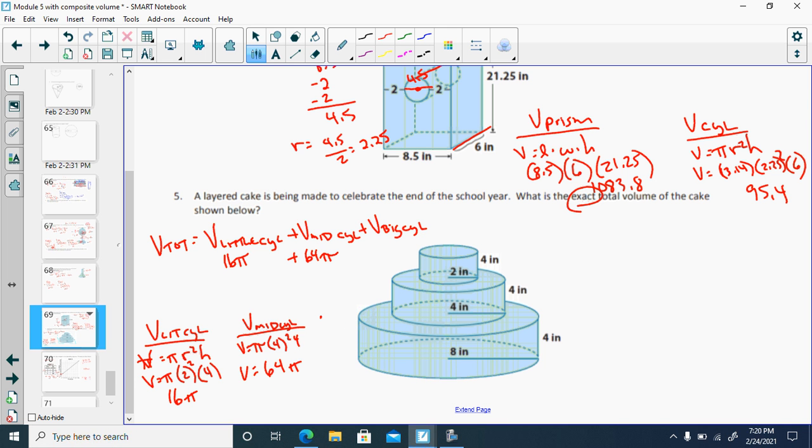Okay, and then the big cylinder, volume of the big cylinder. That would be pi r squared h. We don't mess with the pi. Our radius is 8 squared times our 4. So 8 squared times 4 would give us 256 pi.